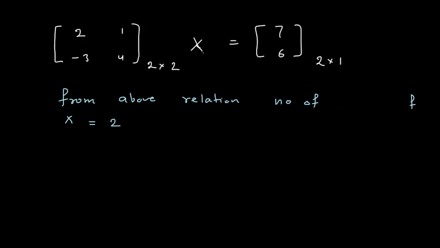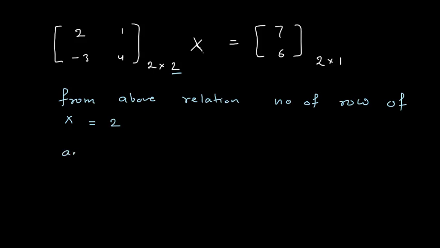We should say the number of rows of x is 2, right? The column of this first matrix will be equal to the row of this second matrix, okay?